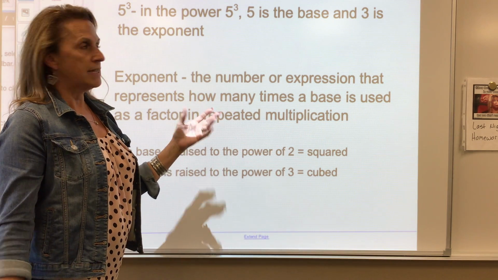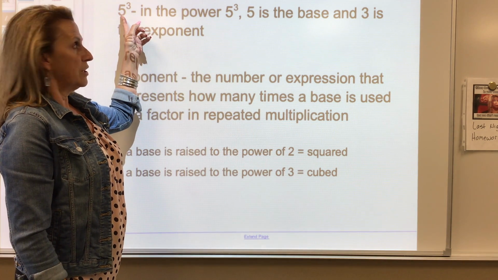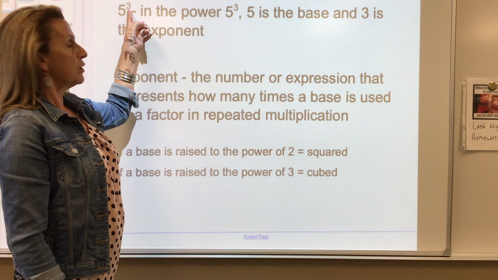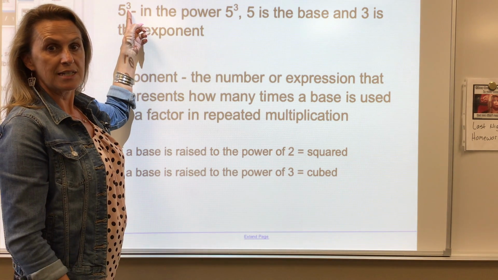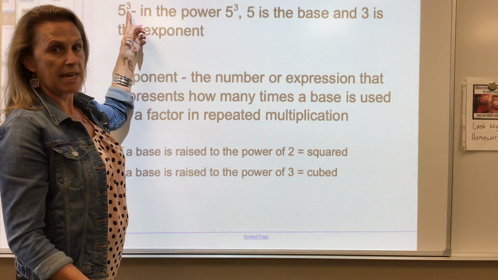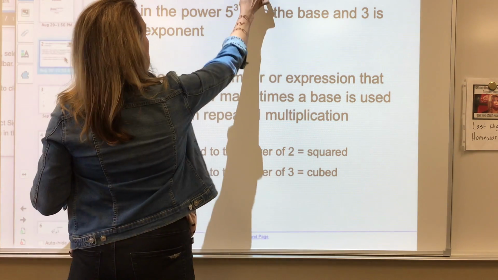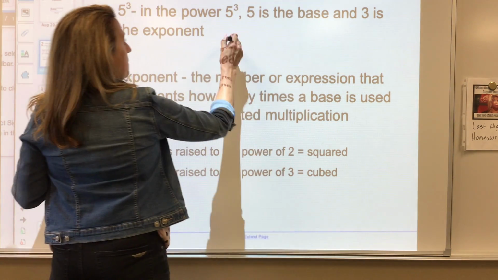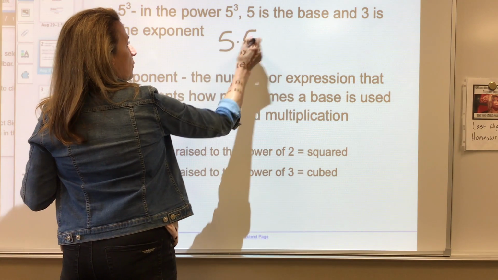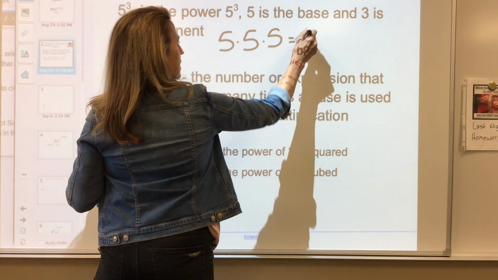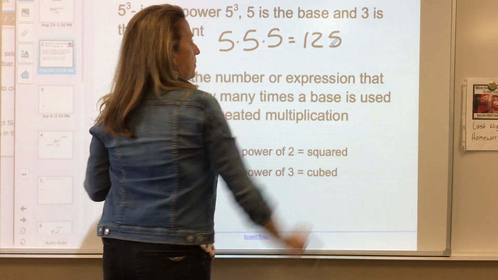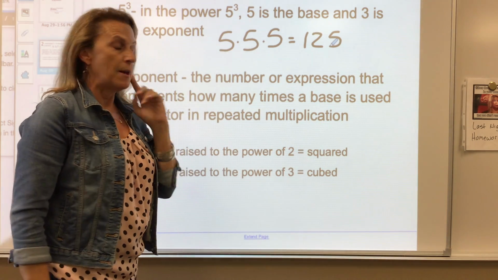So, a fancy way to say, I'm going to take my base, which in this case happens to be a 5, and I'm going to multiply it by itself as many times as the exponent is. So in this case it's 5 to the third, which means that I'm going to take that 5 and multiply it by itself 3 times. We'll be using a calculator later, but I just happen to know this one's 125.